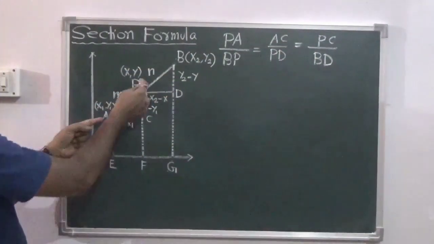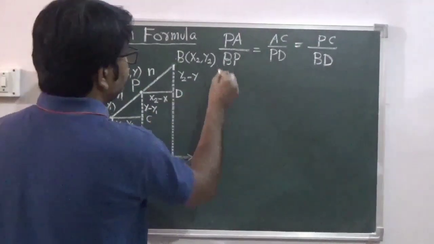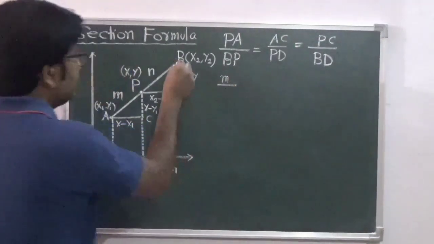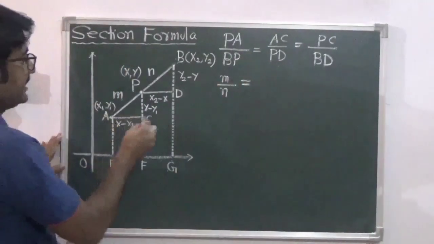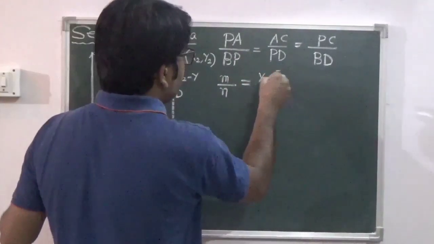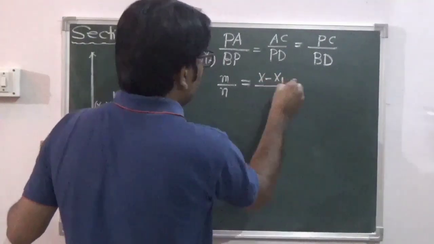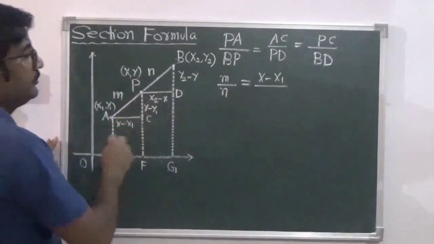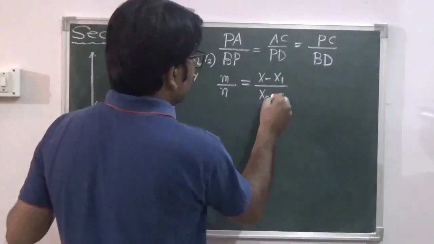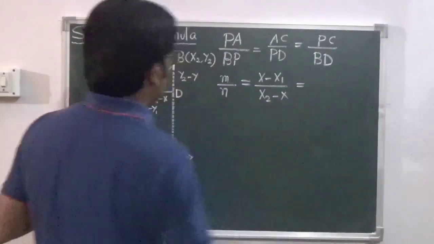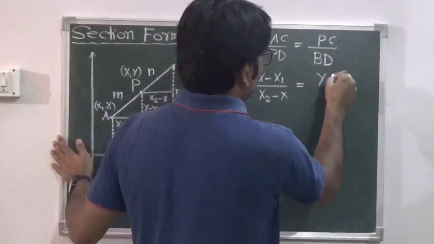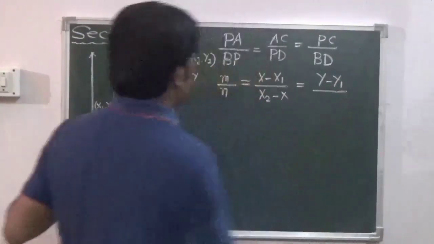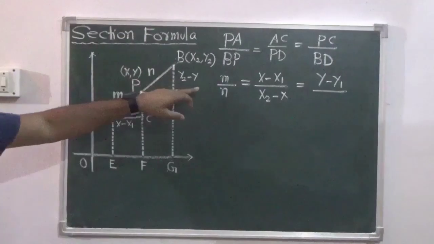What is PA? This is m. What is BP? This is n. What is AC? AC is x minus x1. What is PD? x2 minus x. And what is PC? y minus y1. And what is BD? y2 minus y.